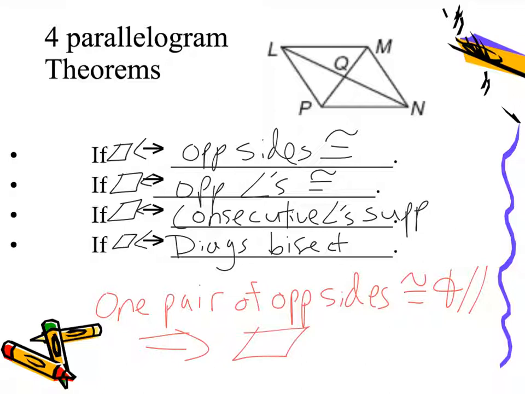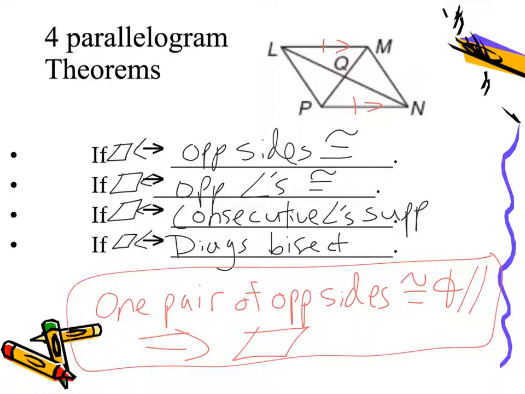Meaning if LM was congruent to NP and LM and NP were parallel to each other, then you'd have a parallelogram. This isn't really a property of parallelograms, but it's a way to prove that. It seems rather nice for organization.